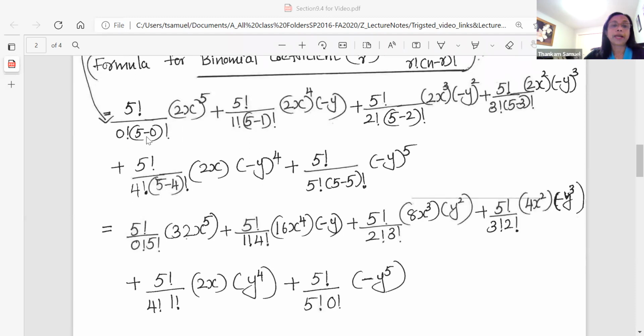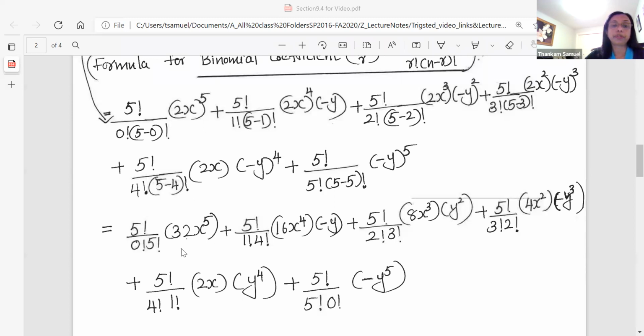Then we can subtract each of these expressions and rewrite this as 5 factorial over 0 factorial times 5 factorial. Then we can expand this expression: 2x, the whole quantity to the fifth power, is 32x to the fifth.